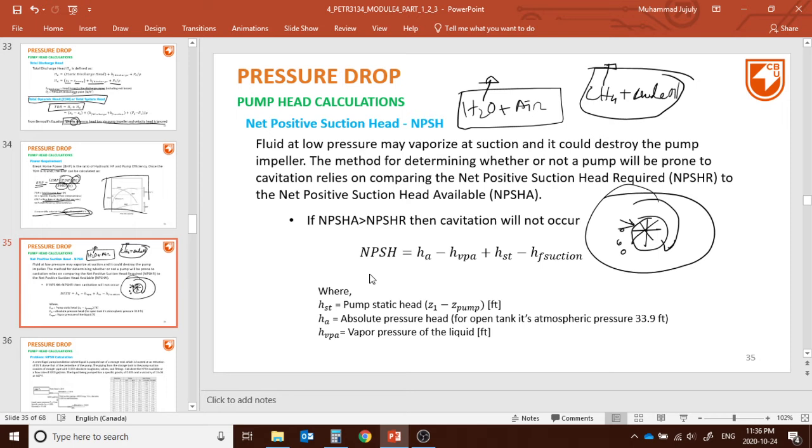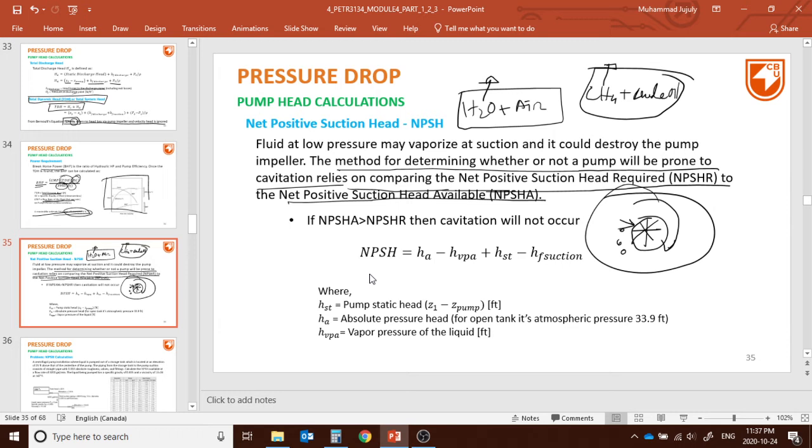So we have to make sure the pump doesn't go to a certain pressure, and we should avoid that pressure. A method for determining whether or not a pump will be prone to cavitation relies on comparing the net positive suction head required to the net positive suction head available.